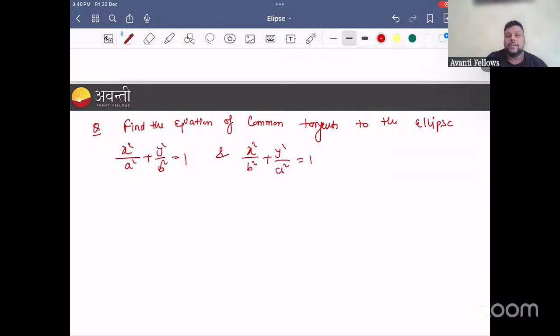Give it a try. You need to write the equation of common tangents to the ellipse.